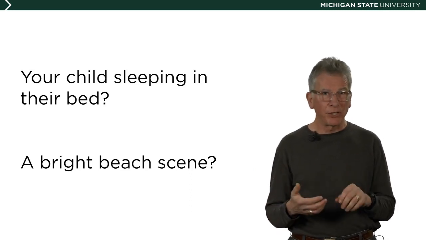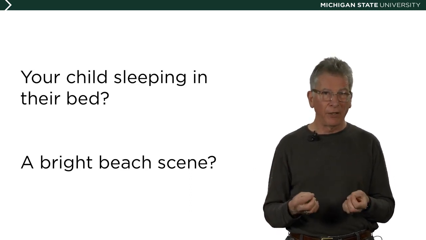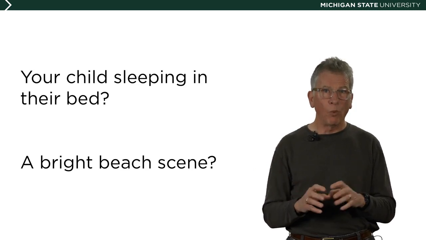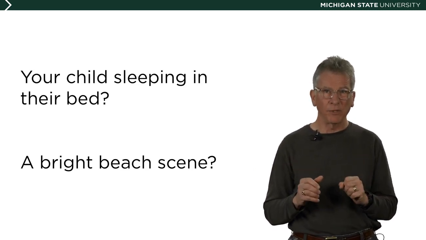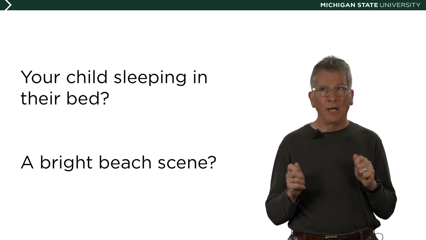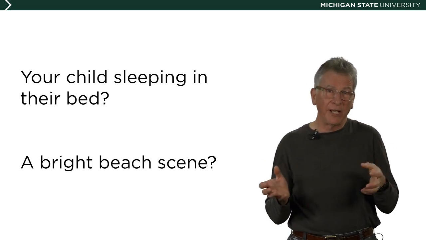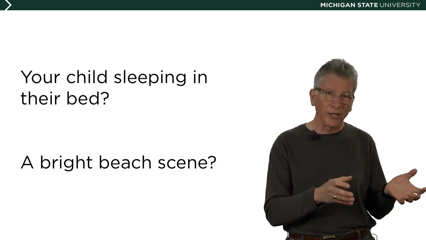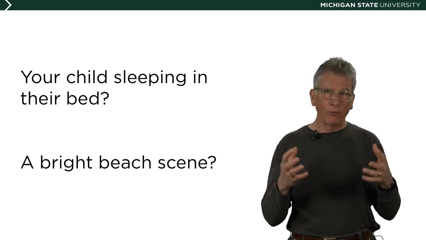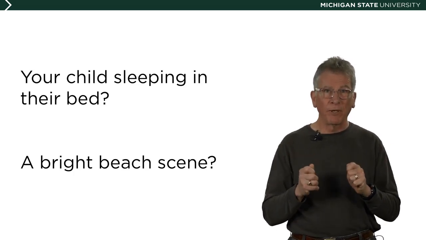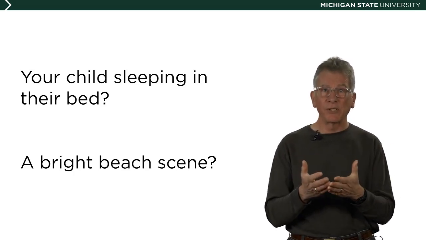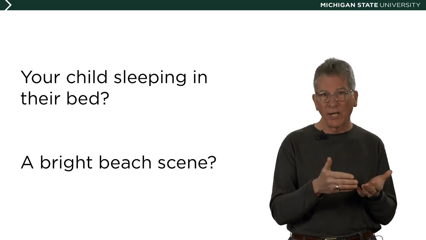Very different situations in terms of lighting, and to handle those, you'll often need a wide range of ISO levels. Well, what's ISO? ISO stands for International Standards Organization, and that's a group of people that measure things. One of the things that they measure is the sensitivity of a sensor to light.